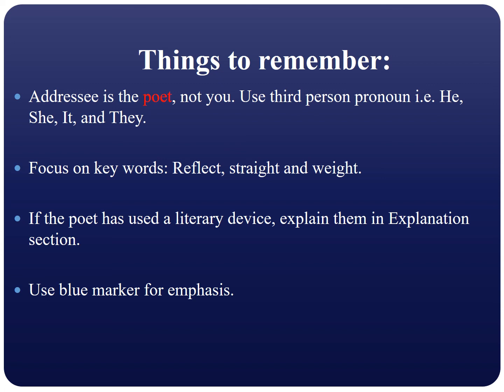Use blue markers if you're using, for example, if you are explaining that the poet has used simile, use a marker to explain simile. Or just write the word simile with a blue marker. It will highlight the point. The reader will know that you know this point, that you have actually grasped the idea behind this stanza.